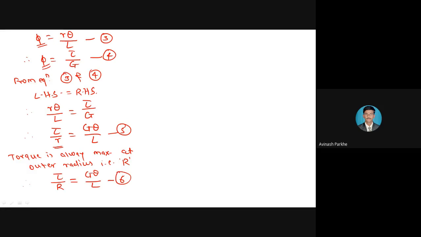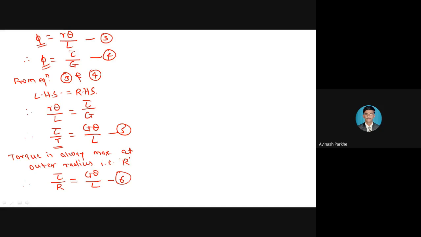So what is the difference between equation number 5 and equation number 6? In equation number 5, this R represents the radius of the shaft, represented by the small r. But we know the torque is always maximum at the outer radius, and that outer radius can be represented by the capital R.